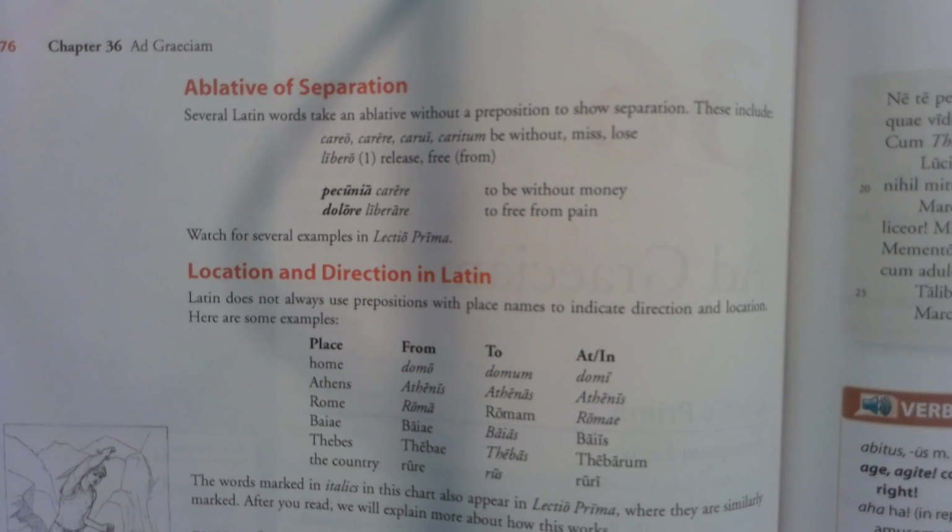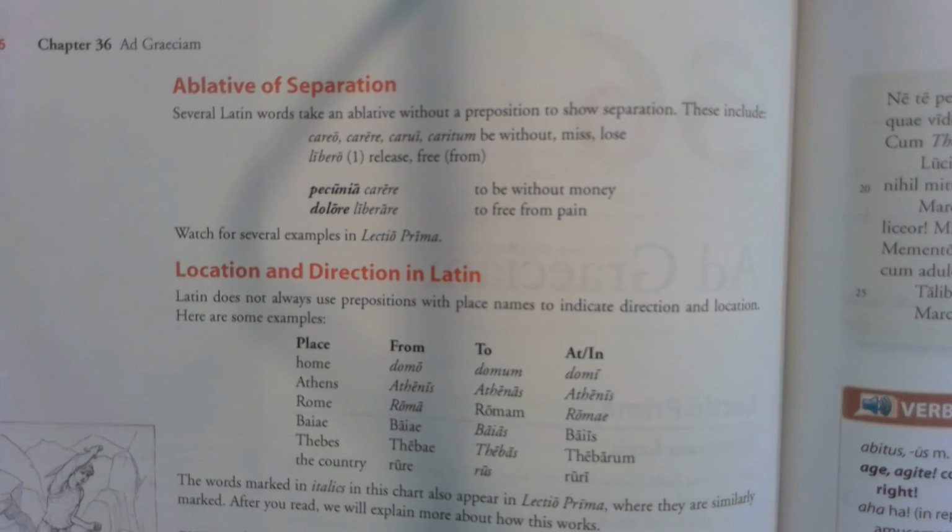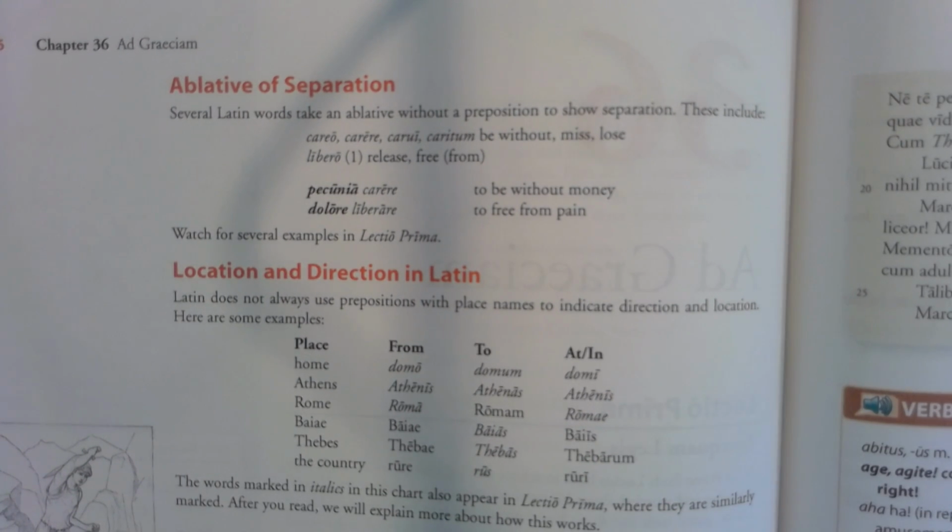So as you can see, pecunia carere, to be without money, to lack money. So lack money, money is actually the object. And you see the second one, dolore liberare, to be free from pain or to free from pain. All right, so it's kind of separation, but it's really an object.